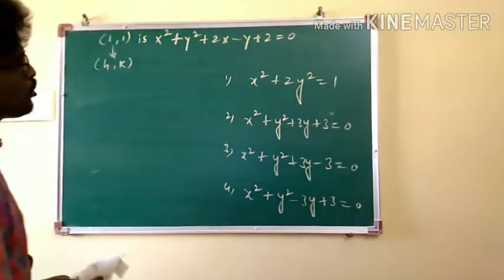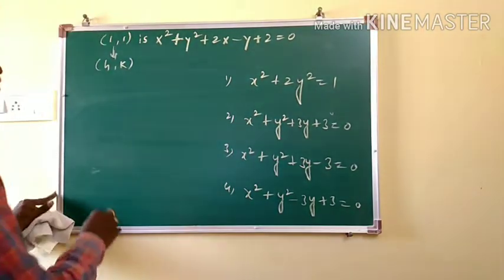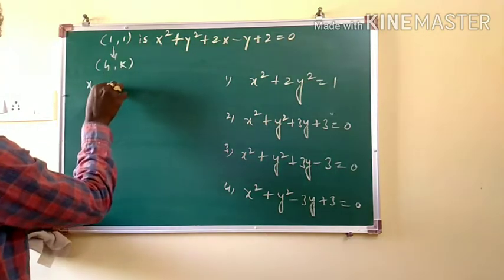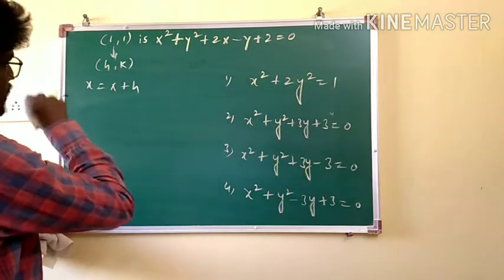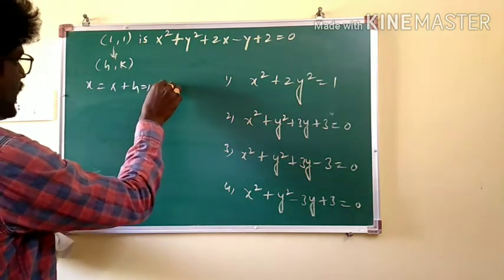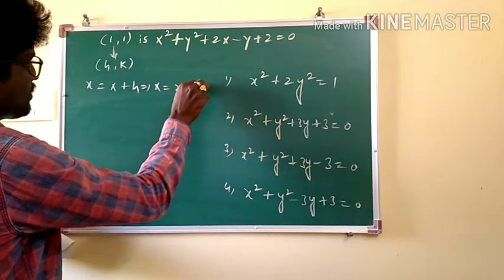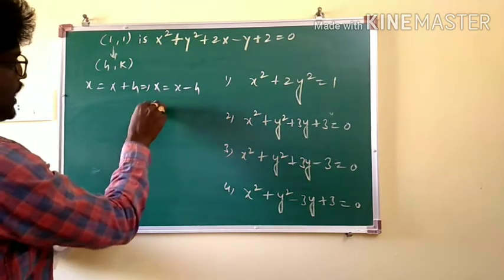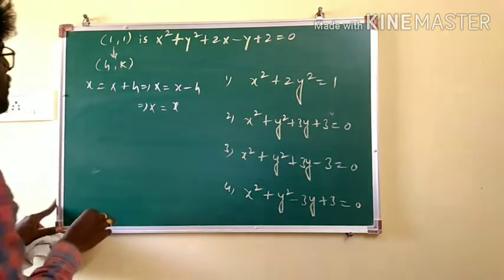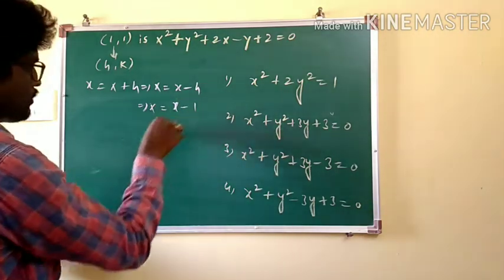You are supposed to make the subject according to the given condition that x is equal to capital X plus h. Therefore capital X is equal to x minus h. What is h here? 1. So x minus 1.